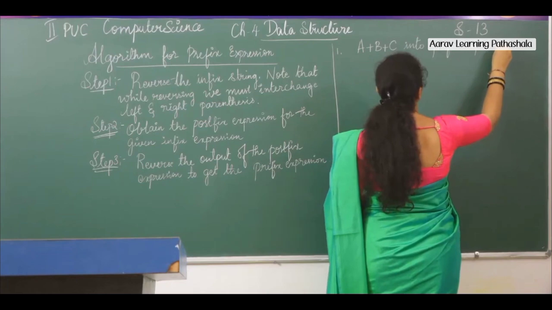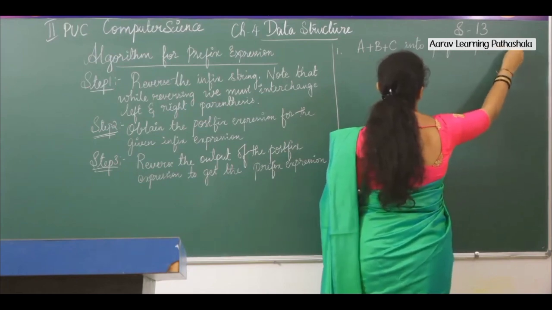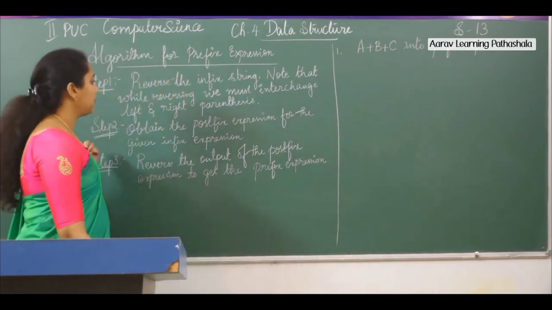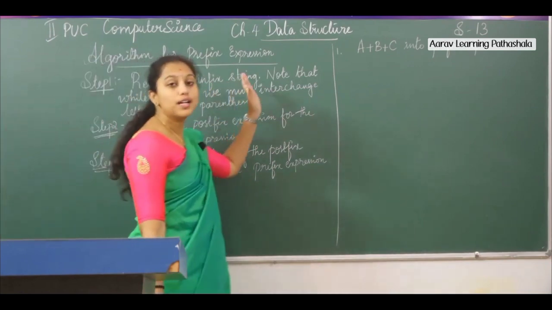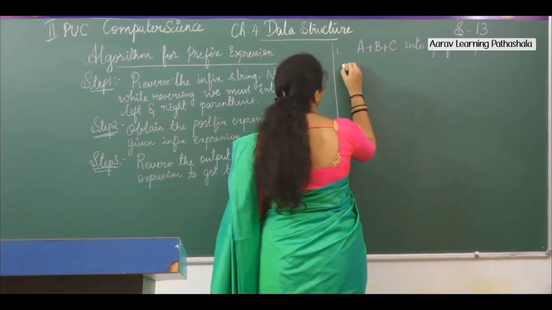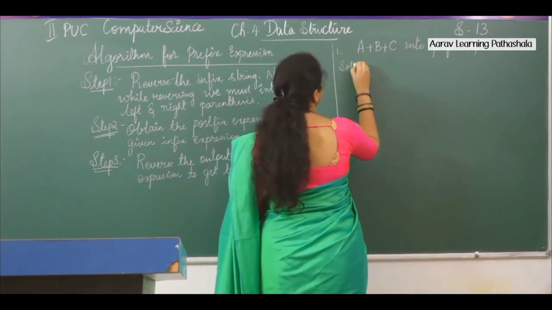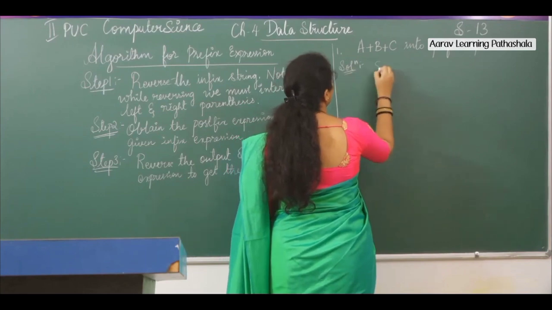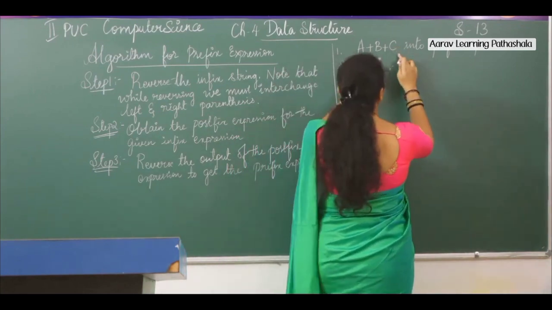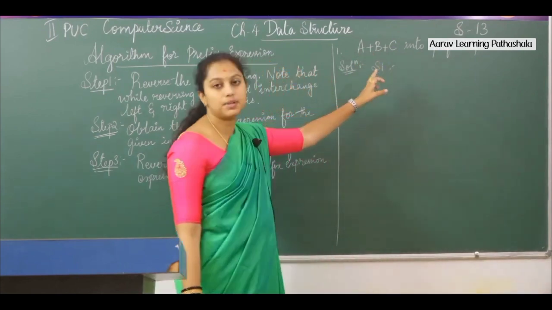So we have to convert this infix expression into prefix expression. So what is the first step? First step, we have to reverse the given infix string. Step 1 is we have to reverse. So what is the reverse of A plus B plus C?